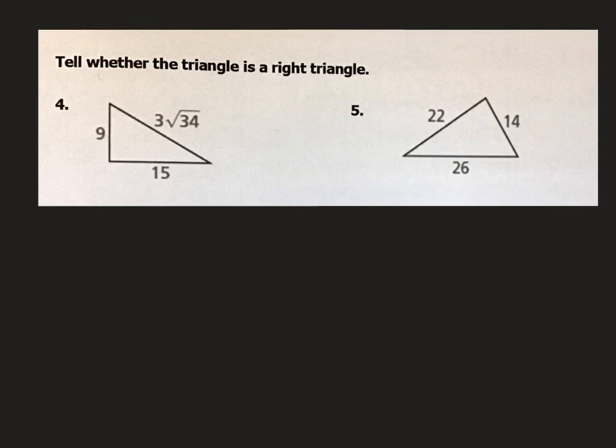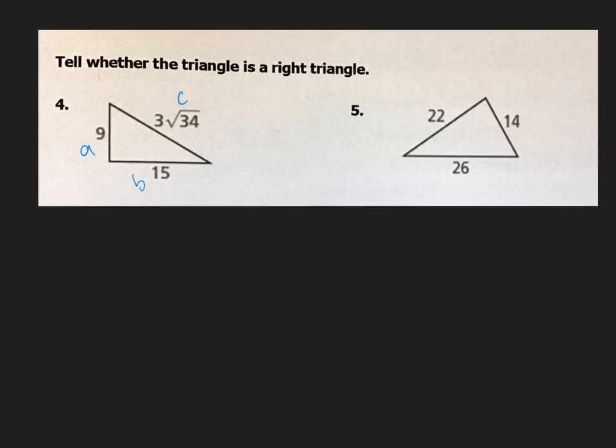So check it in your calculator. When you do 3 times the square root of 34, you end up with about 17.5. So that is going to be our hypotenuse, or what we're assuming is our hypotenuse. It's going to be our C value, and then that makes 9 and 15 A and B.